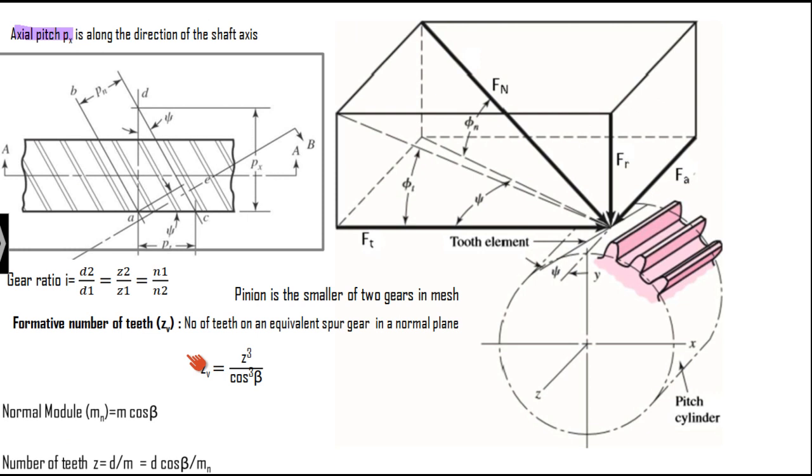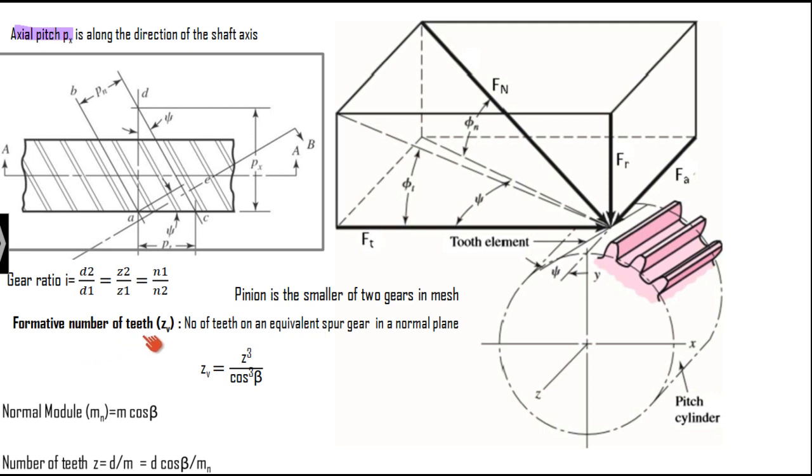The formative number of teeth is the number of teeth on an equivalent spur gear in the normal plane. So if you cut along this normal plane, it will simply resemble a spur gear. That spur gear is the equivalent spur gear in the normal plane, and the number of teeth in that equivalent spur gear is called the formative number of teeth.